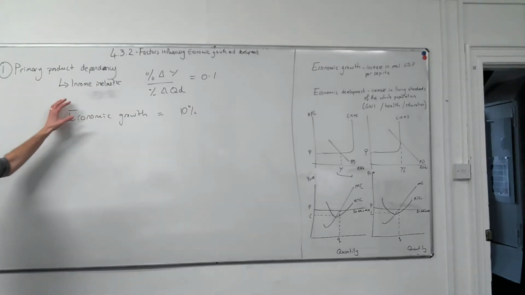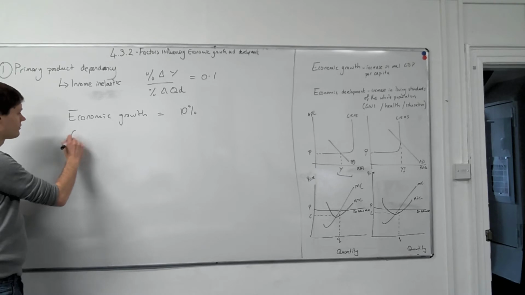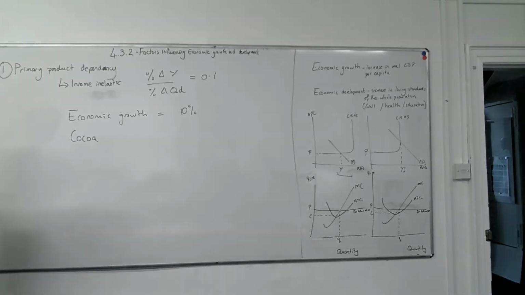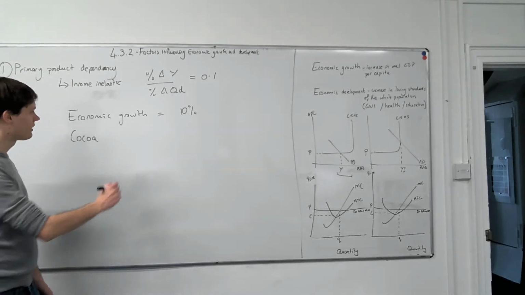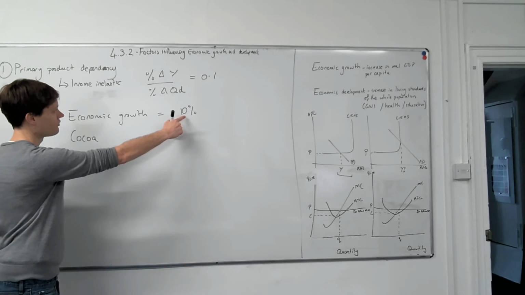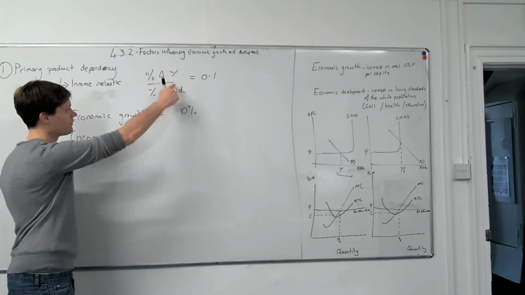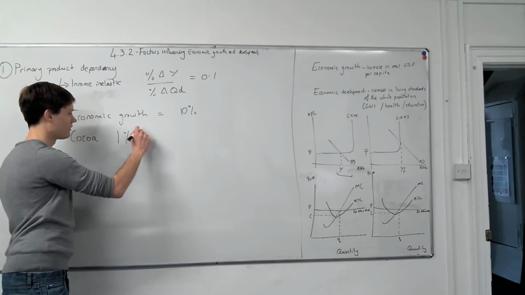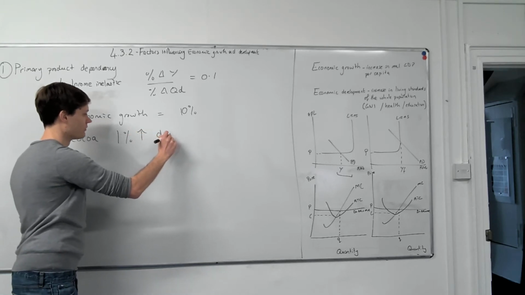If I'm producing something like cocoa, which has a 0.1 income elasticity, what we may well see is that a 10% increase in world income results in only a 1% increase in the demand for your good.